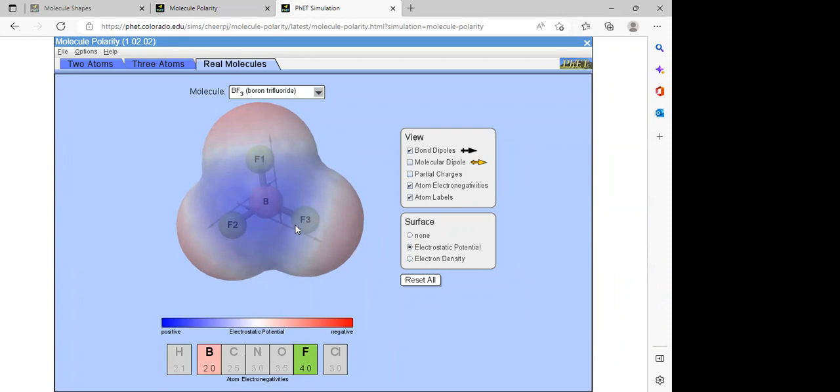Boron's happy with 6, not 8. This is a 120-degree angle that cancels out. Fluorine is pulling here at 120. So the net effect is this cancels out. So when I click on this, nothing shows up. This is non-polar, BF3.